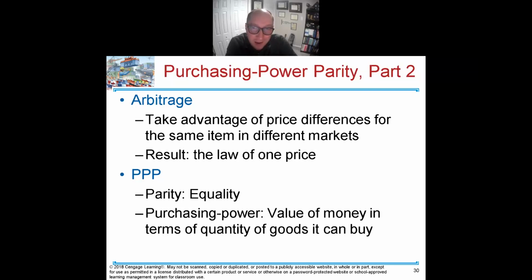And what happens there is that I'm taking advantage of the differences between the value of the two currencies. You can do the same thing with goods and services. The price of a good or service goes down in one country or remains the same in others. Obviously, I'm going to go for the one that's a lower price. So we call that arbitrage.